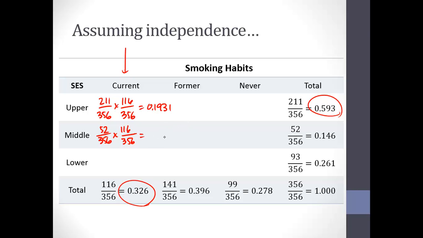And that's going to be 0.0476. And then for the last one, I can do the same thing. I have 93 out of 356 for my lower class folks times the current smokers, 116 out of 356, and I'll get 0.0851.